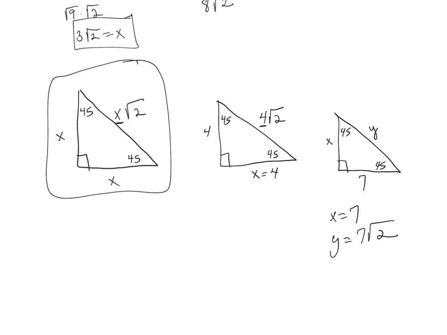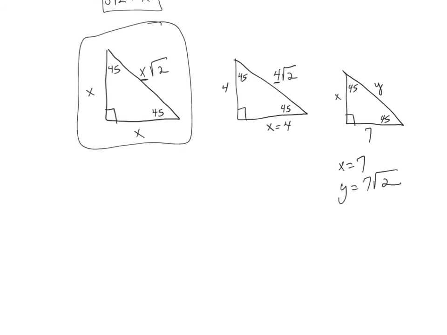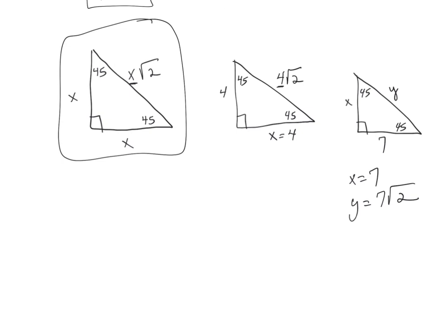Now, one other thing I want to show you is just a reminder on what happens if one of my side lengths has a square root in it. So let's say the length of my leg is 3 square root 2.